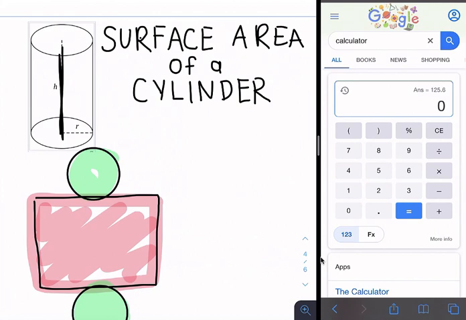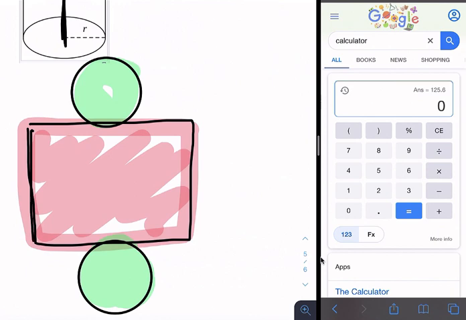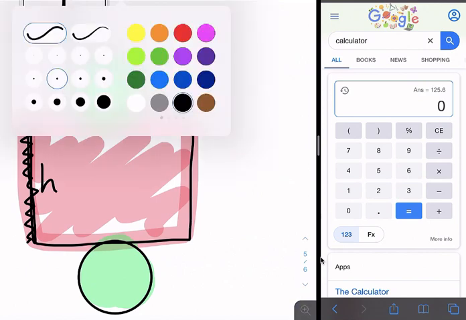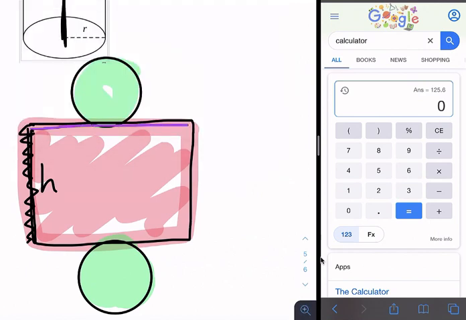Well, we can label that side right here as the height. So all the way across that rectangle, that is our height. Now, this side of our rectangle is actually the same as the circumference because it goes all the way around that circle. So this is our circumference.